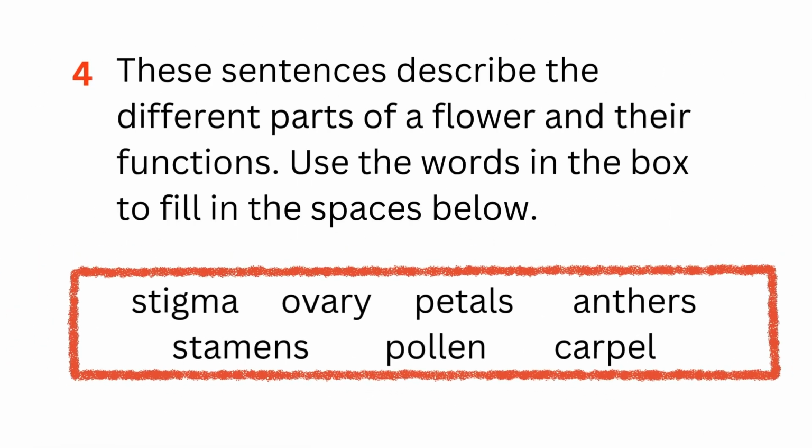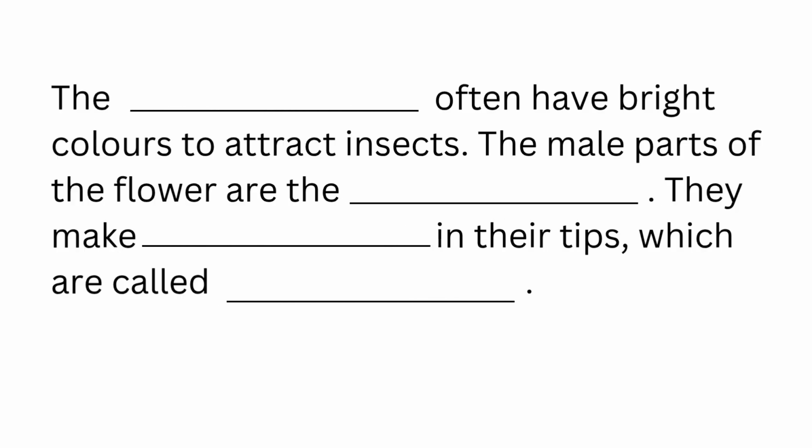Question number 4. These sentences describe the different parts of a flower and their functions. Use the words in the box to fill in the spaces below. Stigma, ovary, petals, anthers, stamens, pollen, carpel. The petals often have bright colors to attract insects.